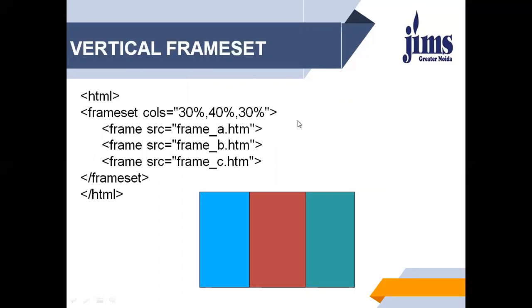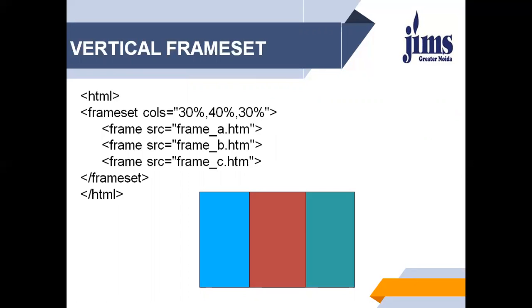You can mention asterisk also. Suppose I use asterisk comma asterisk comma asterisk, it will uniformly divide into 3 columns. If you do not mention a percentage, it will be the pixel value, 30 pixels for the first frame, and then for the remaining ones, you can write the pixel value or the percentage.